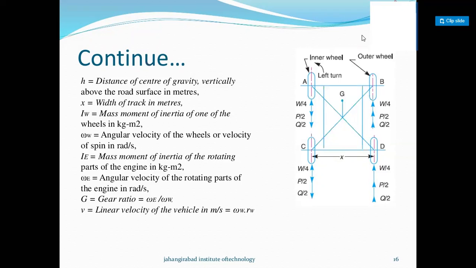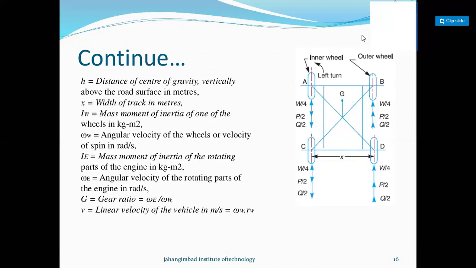So we have to study the stabilization of a four-wheeler while taking a turn on a curved road, right? The first reaction is due to the weight of the vehicle.